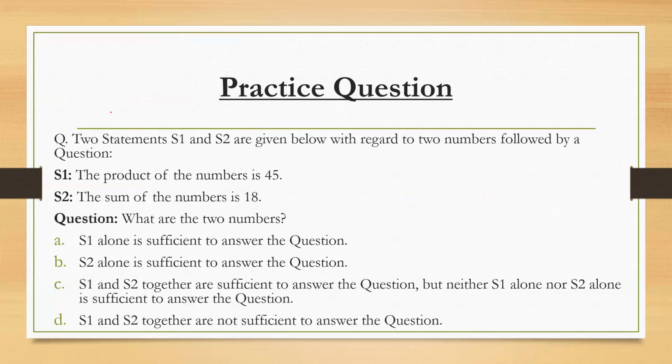try another one. Here again, the question is, what are the two numbers? Two statements are given. Statement 1 says the product of the numbers is 45.